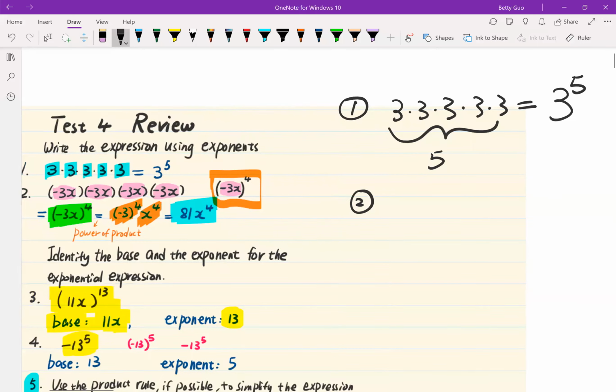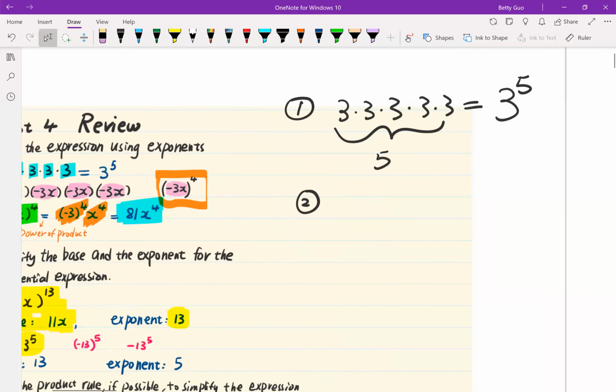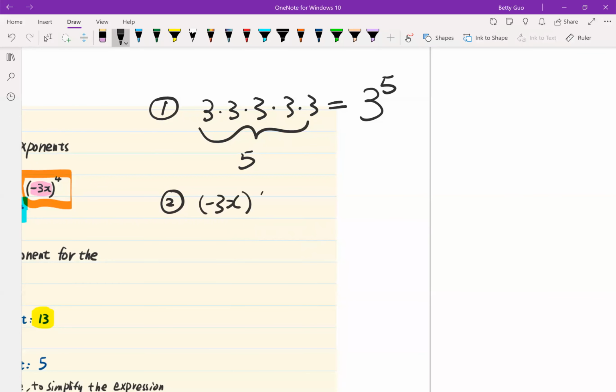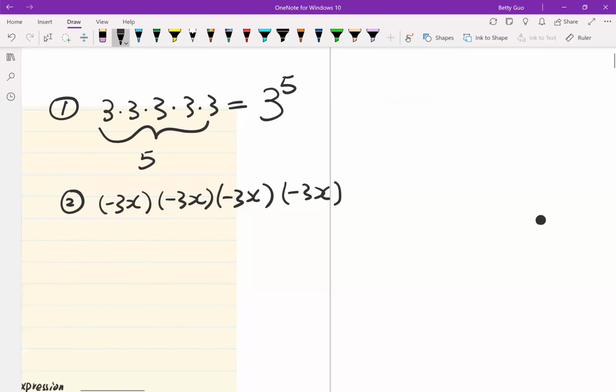The second problem is 1, 2, 3, 4. Negative 3x times negative 3x times negative 3x times negative 3x. We see this expression is also a repeated multiplication, right? How do you write the repeated multiplication as an exponent? You need to identify what's the base and what's the exponent, as a power.